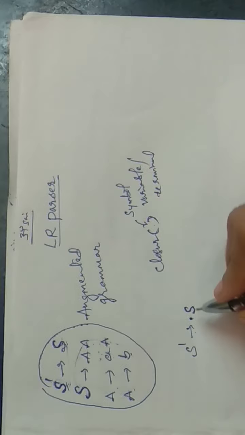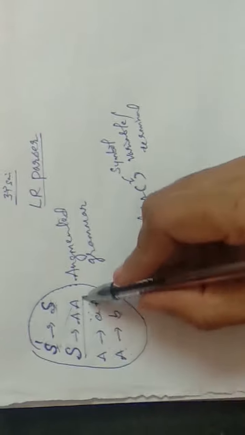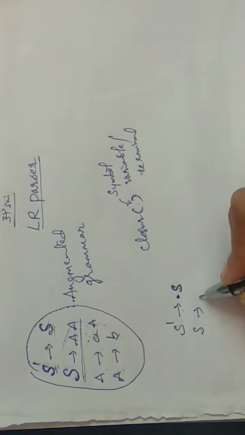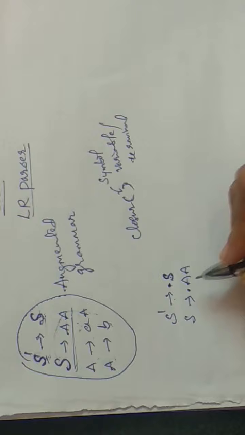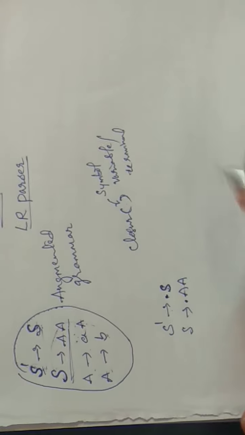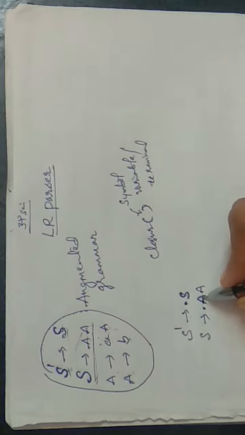So now the dot is before S. What is the S production here? In this given grammar, the S production is S implies AA. Now again you have to put a dot in front of it, and when you put the dot, it becomes an item. Again the dot is present in front of a symbol and this symbol is a variable, so again it becomes a closure of.